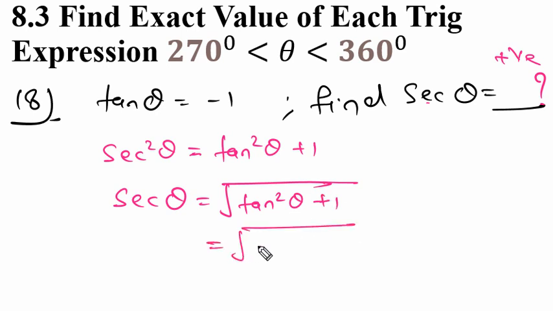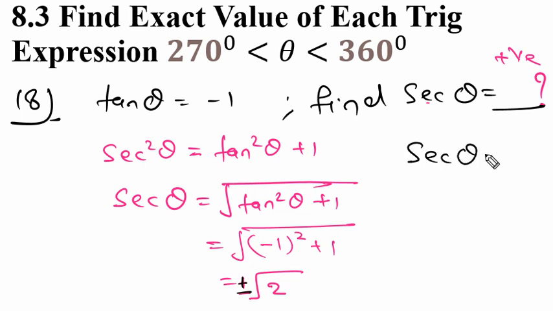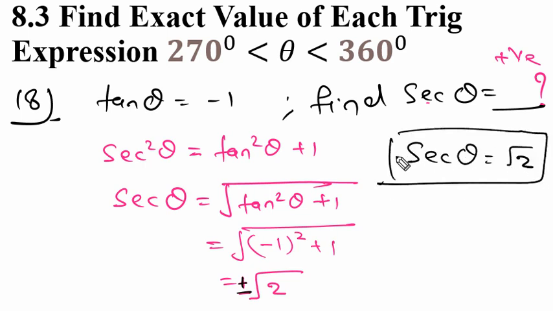Once you remember all of them, this will become so easy. Now this is plus minus square root 2. So secant theta is plus square root 2. Will I take the negative answer? No, because secant is positive in quadrant 4.